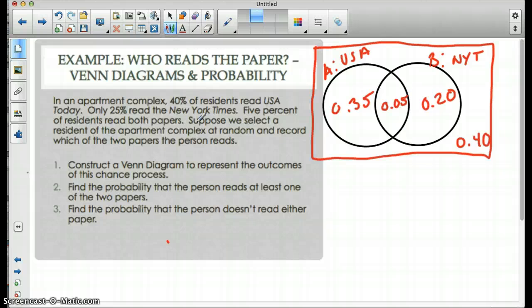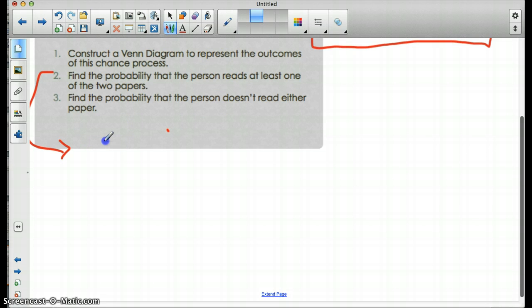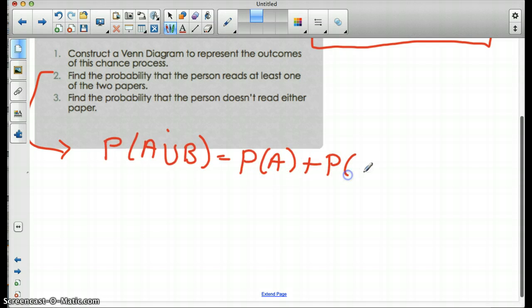The probability that they read at least one of the 2 papers would be, what we're looking for is the union of A and B. That would be the probability of A plus the probability of B minus the probability of A and B.